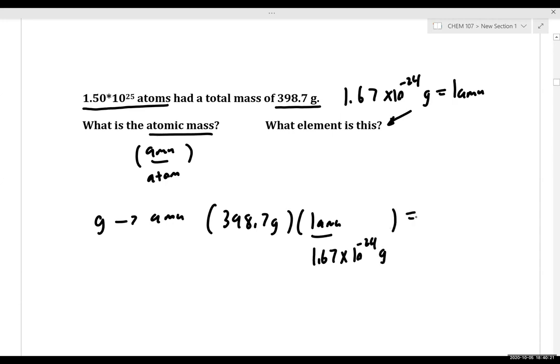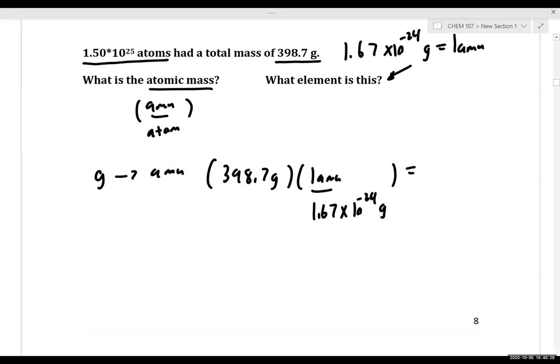So punching this into our calculator, we get in turn 2.387 times 10 to the 26th AMU.